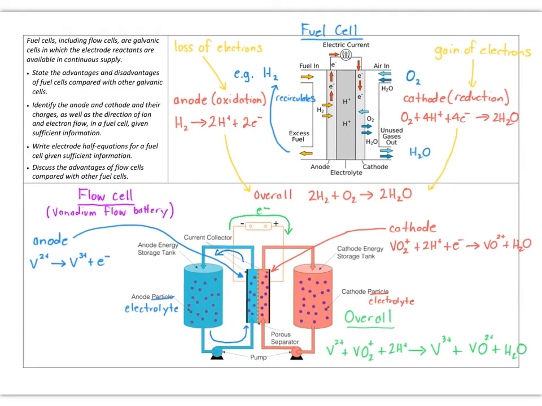This diagram doesn't have it, but some diagrams would show you a separator in the tank like that, and then you would have the fuel down here and the waste down here being separated.